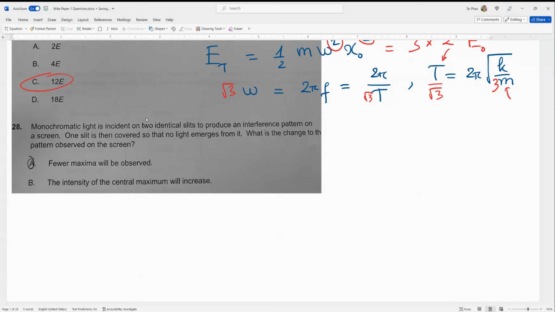The only difference is the intensity of the maxima, because we have a pattern like this, maxima, and then maxima, and then maxima, and then maxima. Okay, and we have a diffraction boundary.